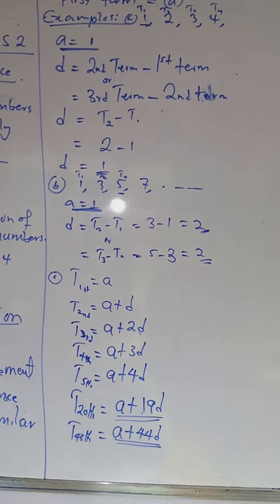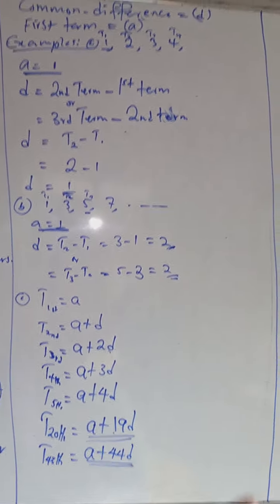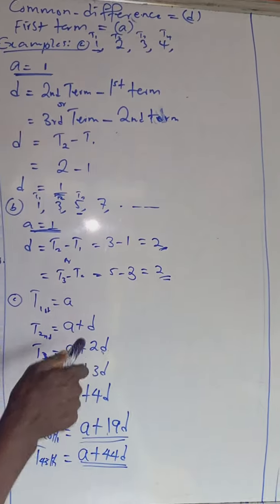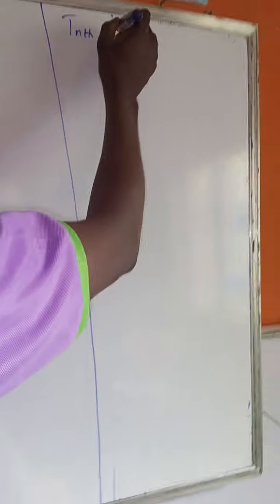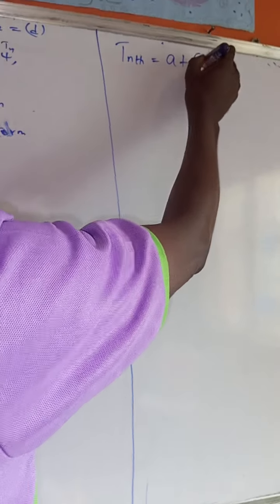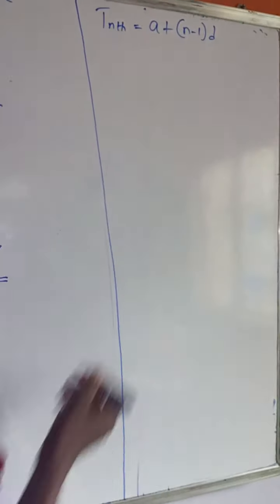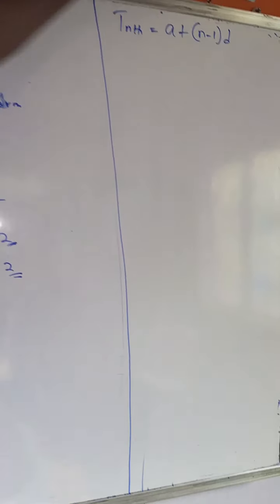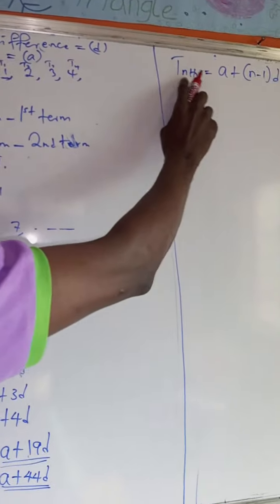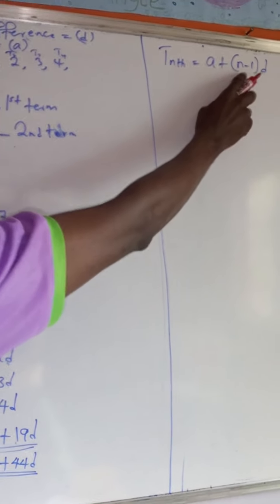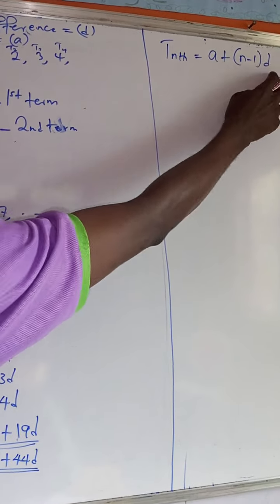Likewise, let's live by the standard formula. The standard formula says the nth term is equal to a plus (n minus 1)d. This n minus 1 is what we are doing here. For the nth term, the unknown term, it is that term minus 1, then d.